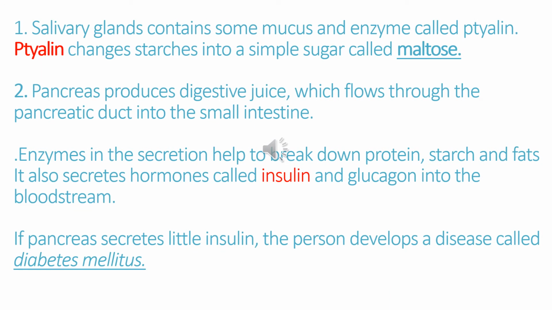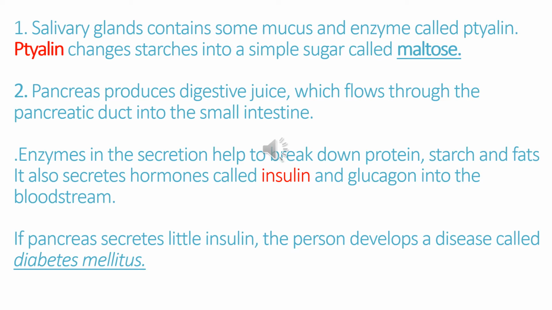Okay, let's discuss the accessory organs. The salivary glands contain some mucus and an enzyme called thiolin. Thiolin changes starch into a simple sugar called maltose. Number 2, the pancreas. It produces digestive juice, which flows through the pancreatic duct into the small intestine.